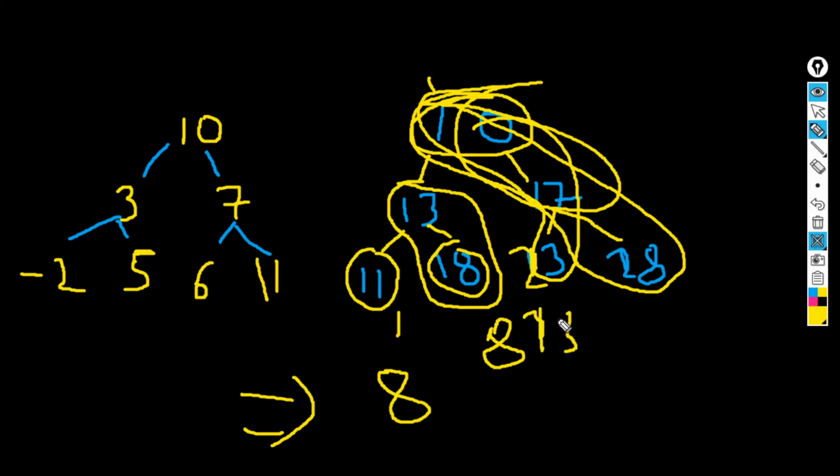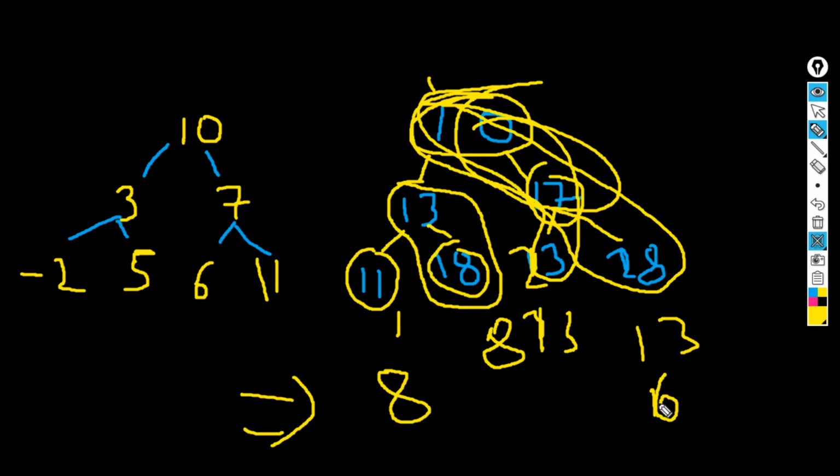Now suppose I just want to find 6. When I subtract this from this, I get 13, but this is too large. So I subtract this from this, and I get the value 6. So we get our 6 as the answer.